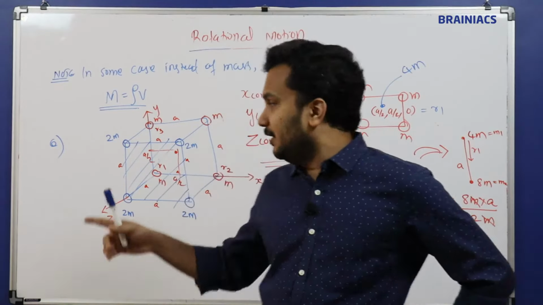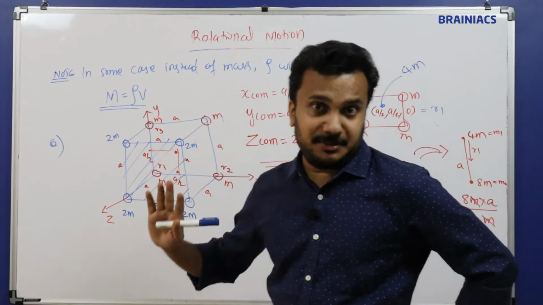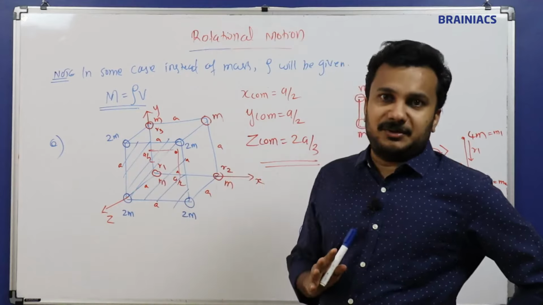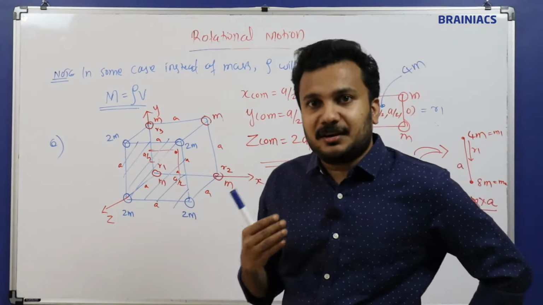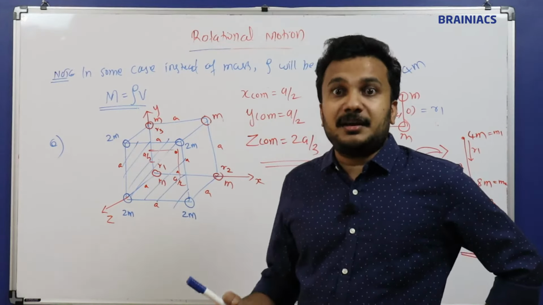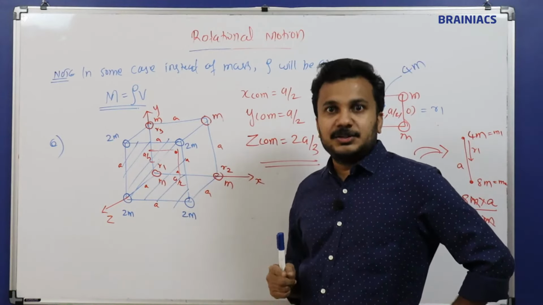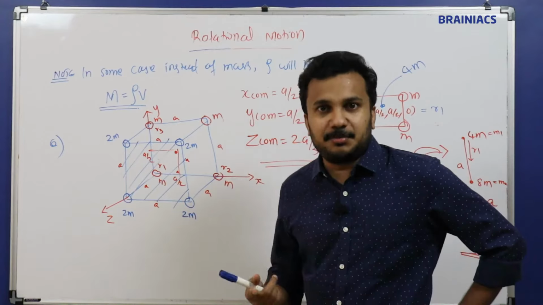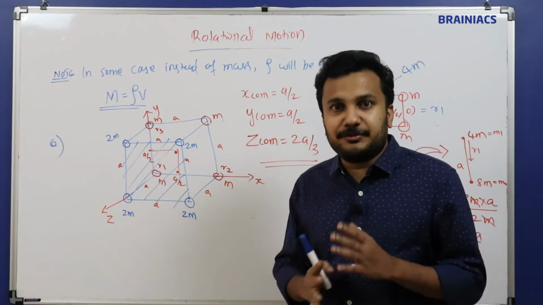They will give you something like 2m and m on the back side, or any other values, but all in the same format as this one. In such cases you have to consider it as a 2-particle system, not an 8-particle system. Actually we have 8 masses here, so we may initially think it's an 8-particle system. No, even though we have 8 particles, there is some uniformity there.